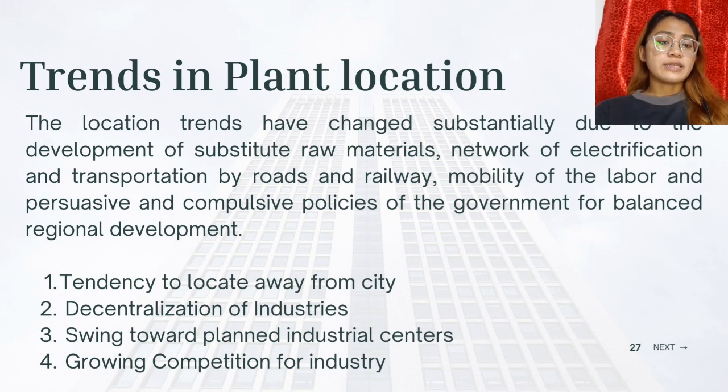First is the tendency to locate away from the city. Second is the decentralization of industries. Third is a swing toward planned industrial estates. Lastly is growing competition for industry.